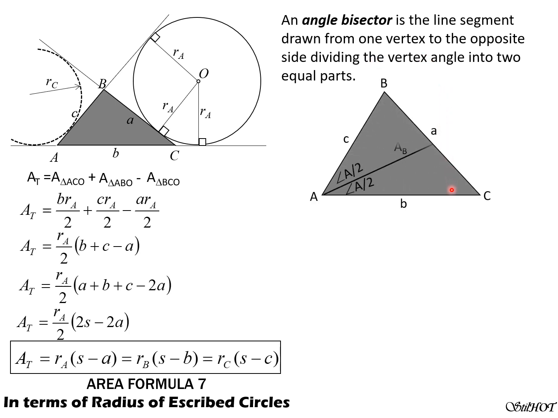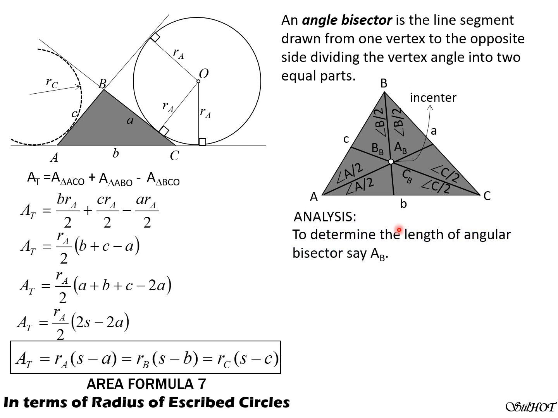So this is an angle bisector through A, then angle bisector through B, angle bisector through C. The point of intersection is the incenter or center of the inscribed circle. So this is the analysis, so that if you are confronted with determining the length of the angle bisector, let us say we want to determine the length of angle bisector B. So this is the involved analysis.